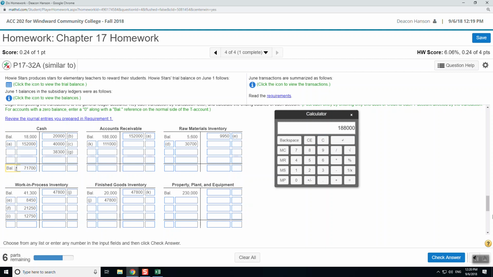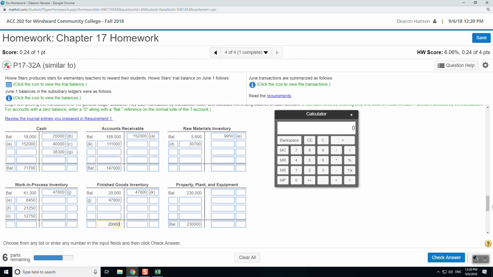I'm doing accounts receivable now. Actually, this would be a good demo for accounting 202 as well. And then we get lucky sometimes. See, like property, plant, and equipment, you don't have to do anything. You just bring the balance down. Okay. Let's see. This one, look at that. It just cancels. The 47,800 cancels out, so I'll just bring the 20,000 down.